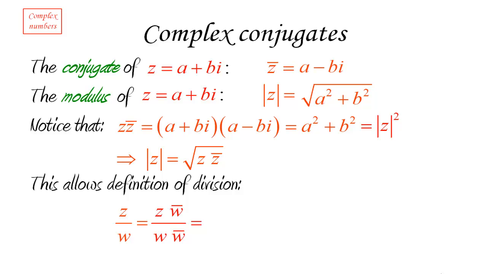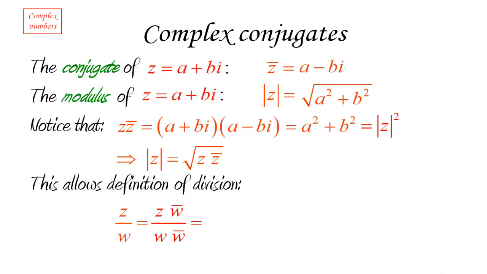So what happens? In the denominator, w times w bar, or the conjugate, is now a real quantity, because remember, that just gives us the square of the length, or the modulus, of the complex number. That's a real number. If you look back at the definition of the modulus, it's a real number, right? There's nothing wrong with it.